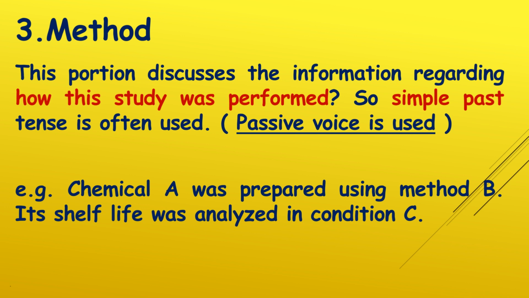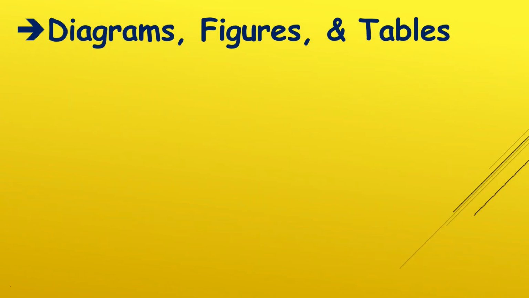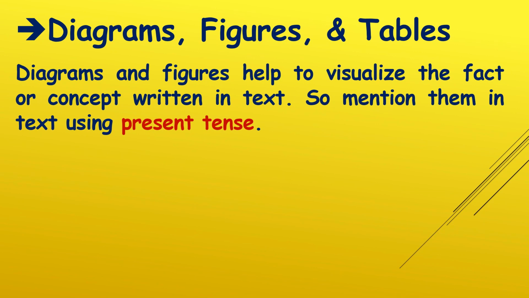Now with this part, some diagrams, figures and tables also come in the research paper. The diagrams and figures basically help to visualize the fact or concept written in the text. So what is written in the text, you are presenting in a diagram or in a figure for better clarity.